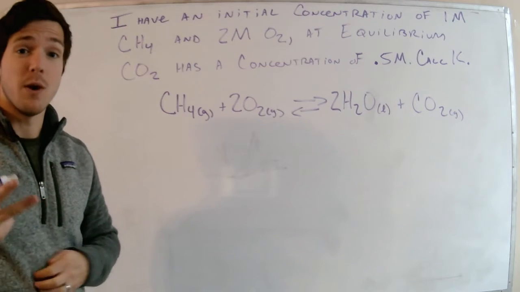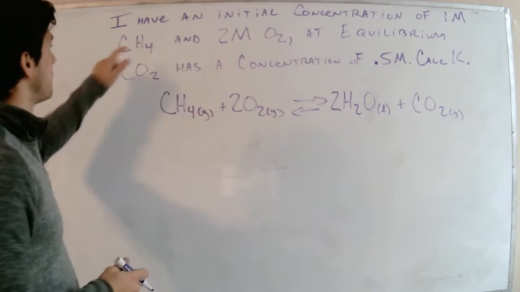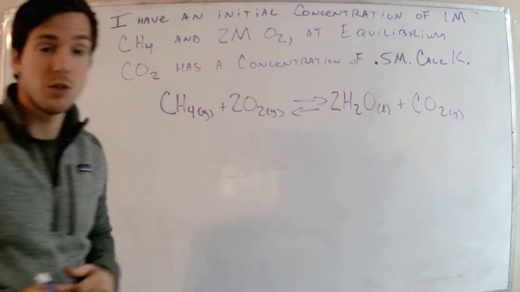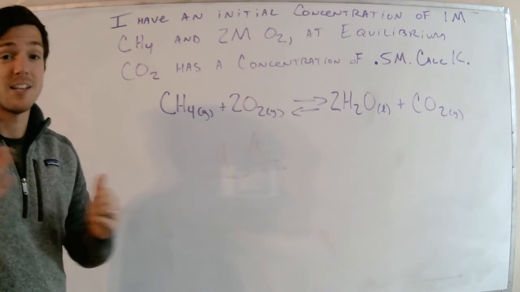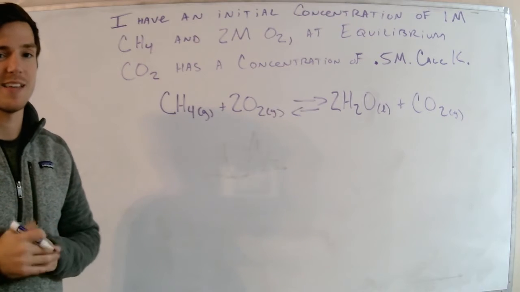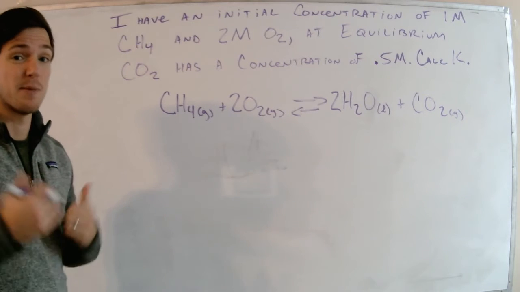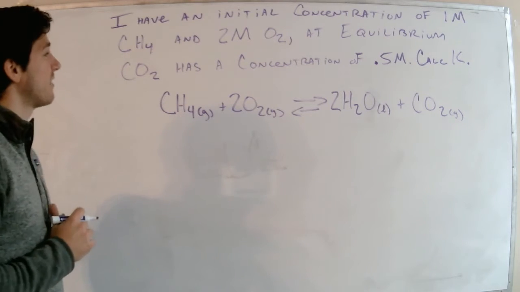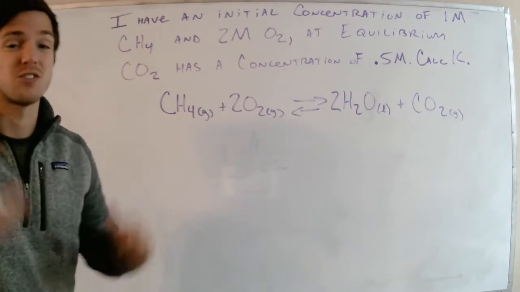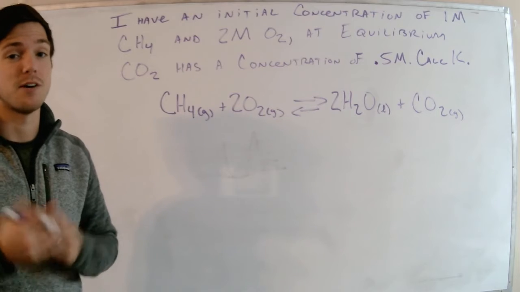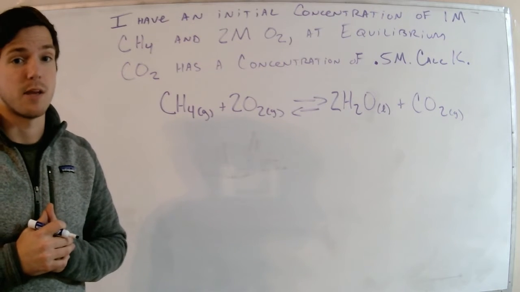If they gave you 3 equilibrium concentrations of CH4, O2 and CO2, then yeah, just plug it into your equilibrium expression and then you could solve for K. But here that is not the case. We were given some initial concentrations and we are given only 1 equilibrium concentration of CO2. So this is where you gotta say to yourself, okay, I gotta use an ICE table.